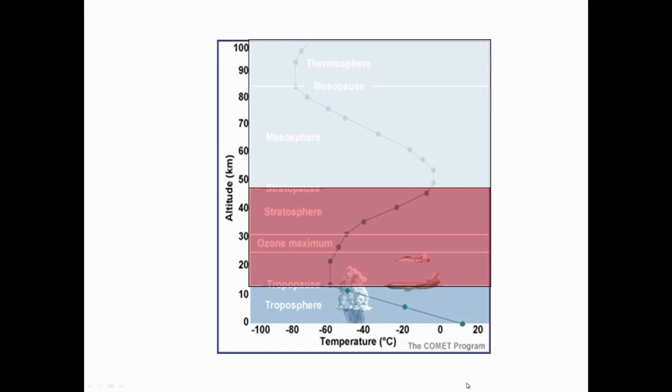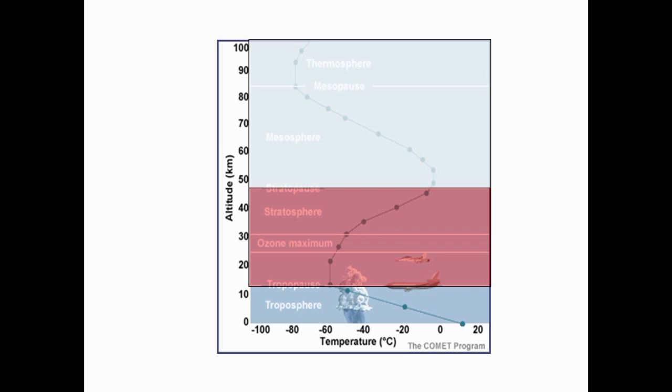Right. So what we're going to do now is consider what happens in the lower 10 kilometres of the atmosphere. And mostly, we'll be concentrating on what happens in the lowest kilometre. Why are we interested in what's happening in the lowest kilometre? Because we live here. More importantly, because we breathe here.